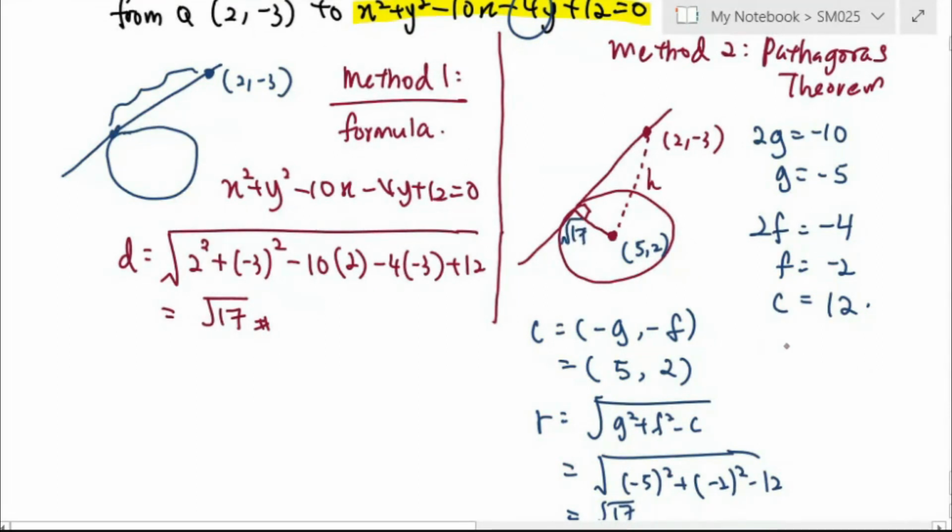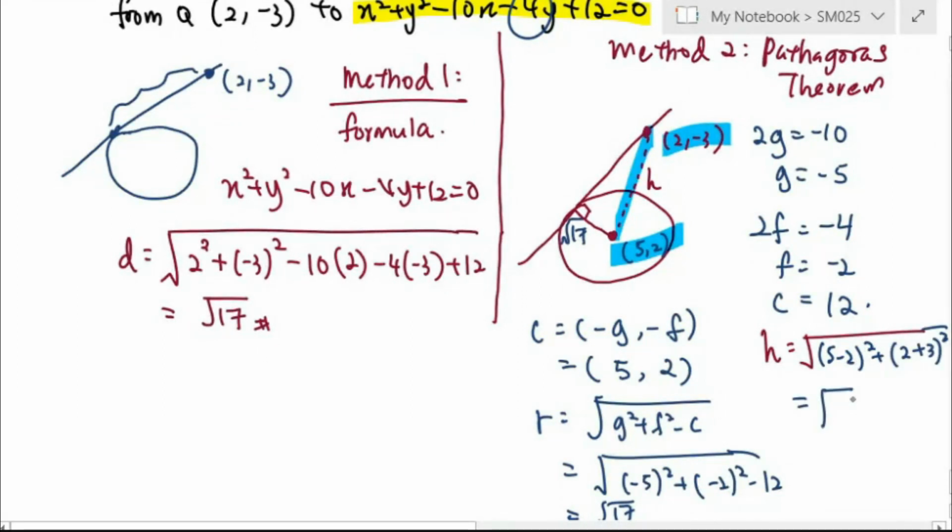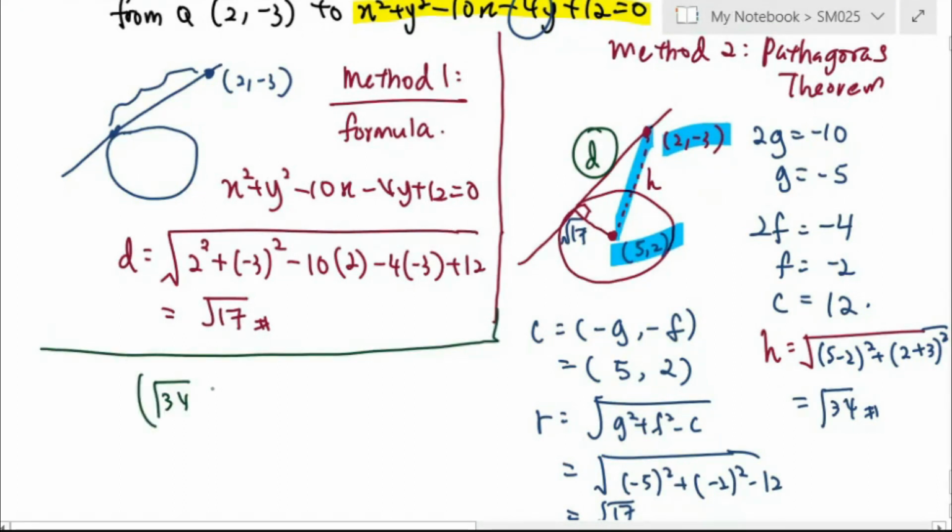For the length of the hypotenuse, we find the distance between these 2 points: 5 minus 2 squared plus 2 minus the positive value squared, so square root 34. Finally, we come back to the length of the tangent by using Pythagoras, where your hypotenuse squared equals your side square root 17 squared plus D squared.